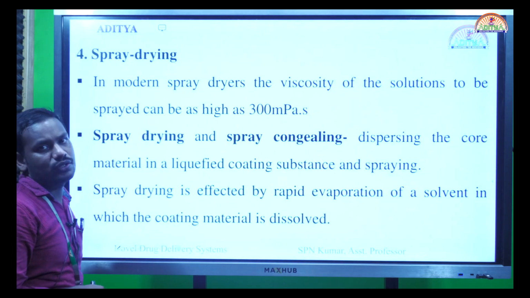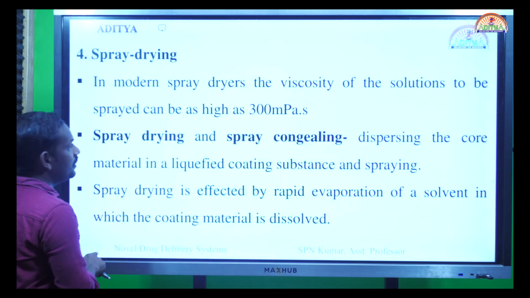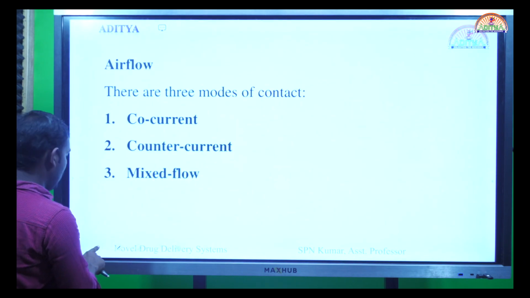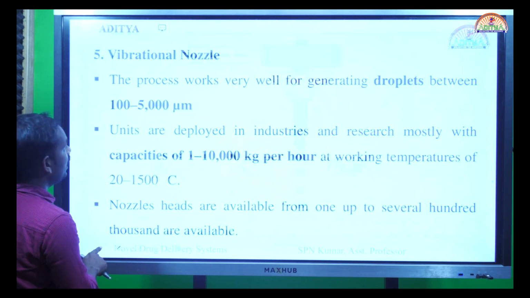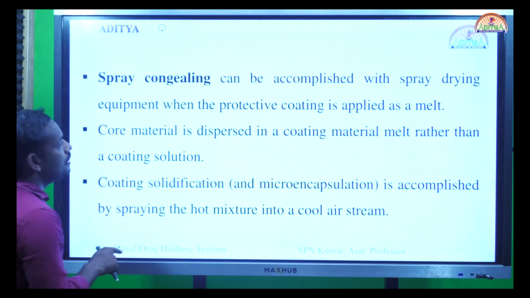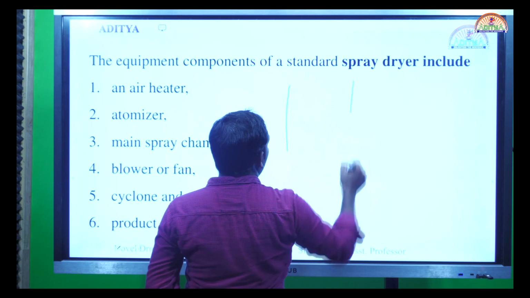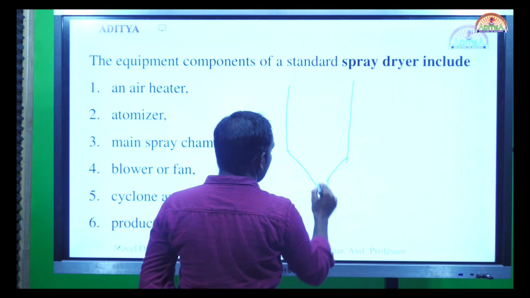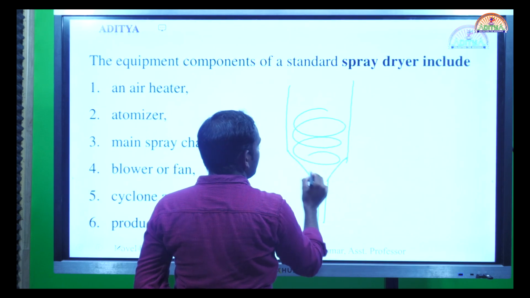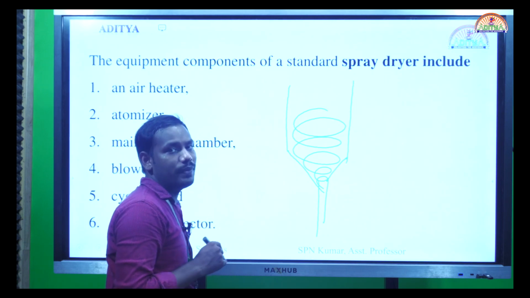And spray drying. So let me show you the equipment. Spray drying apparatus consists of spray drying and spray congealing. Let me show you the equipment. See, this is your fluid. Okay, so the spray drying apparatus will comprise a conical apparatus where your powder material is circulating in a spiral motion.